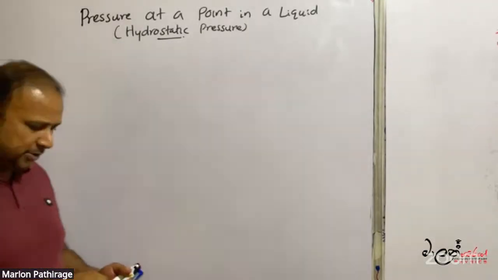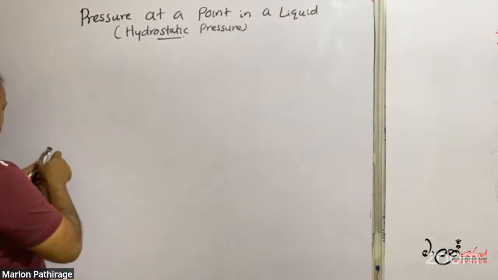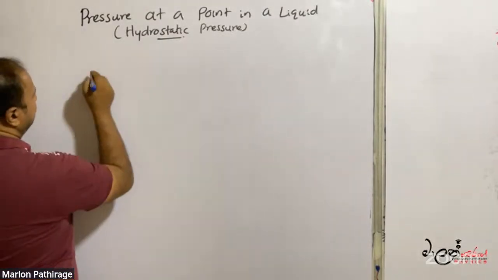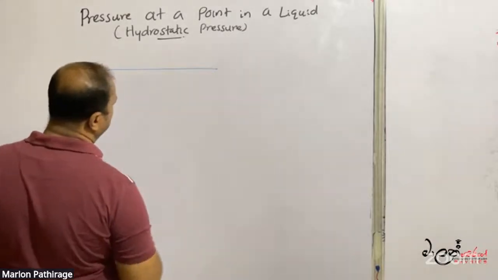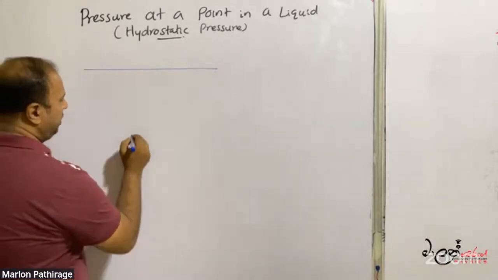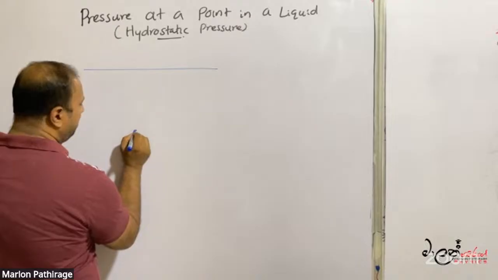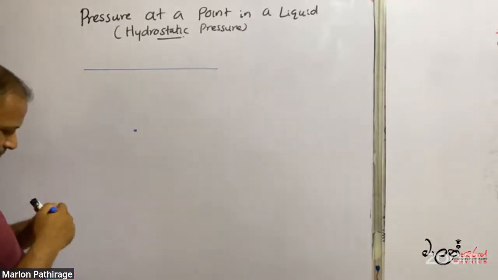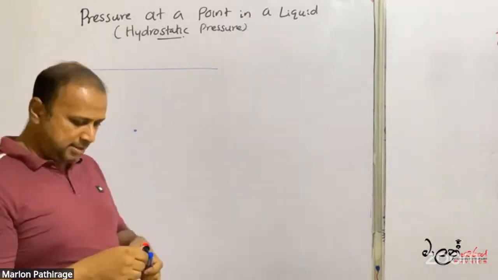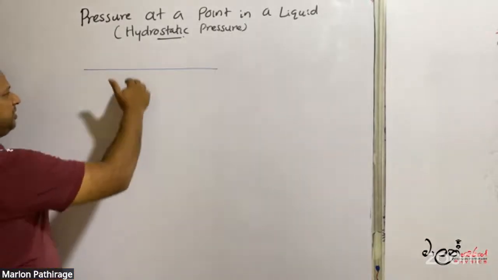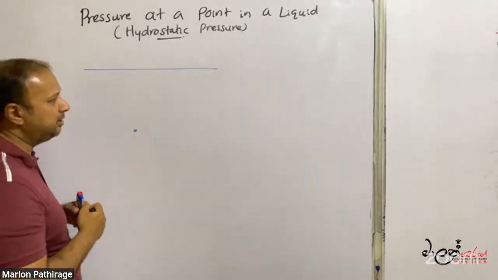Now suppose this is a liquid and we need to determine the pressure at this point. This is the liquid surface.